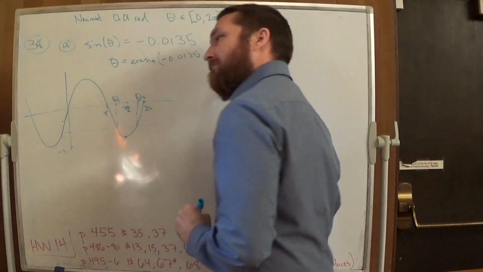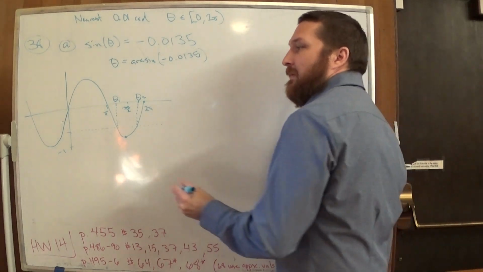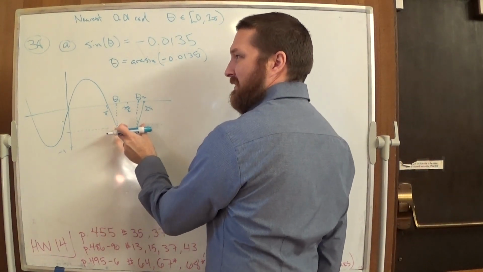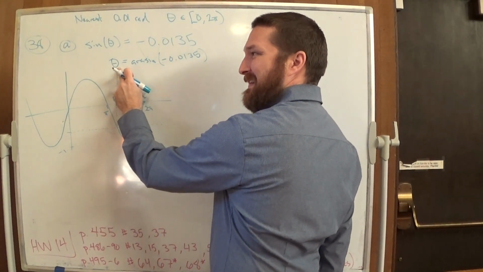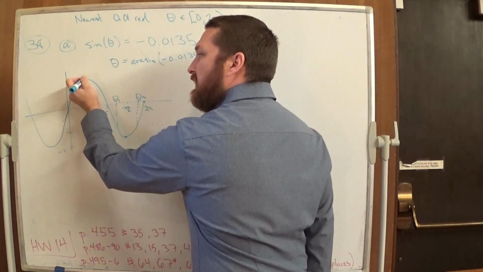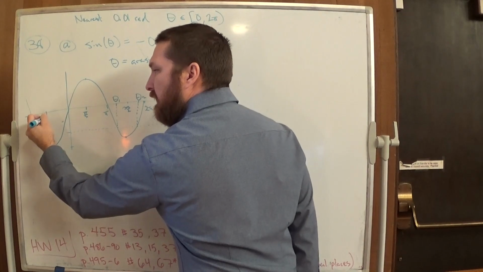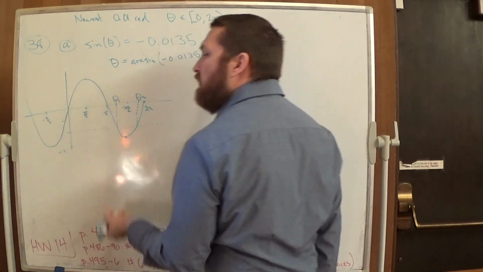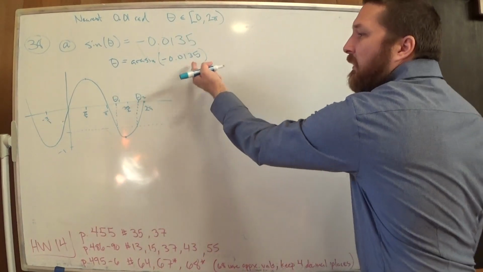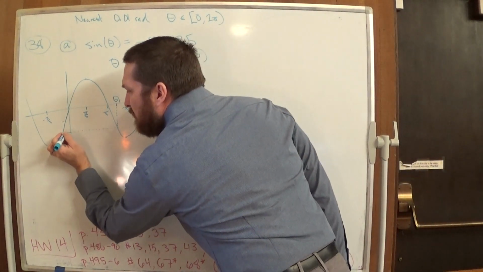Oh, this is where it gets really tricky, because it's neither of these. Notice how I didn't put theta 1 or theta 2 right here. Because what does arc sine do? He only knows about these values between here and here. And so if you say, hey, arc sine, where did this come from? He's going to say, well, you must have come from right here.